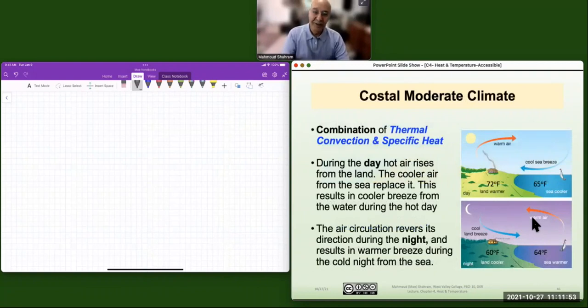Now, as a result of this phenomenon, we know that everywhere near the coast, coastal properties are more expensive and desirable. Why is that? Because the weather is more moderate there. It doesn't fluctuate so much. Why is that? Look at it. During the day, when the sun shines on the land and the sea, the earth quickly heats up, let's say, to 72 degrees Fahrenheit.